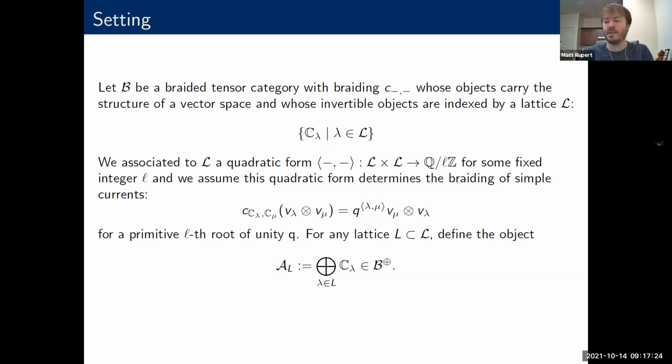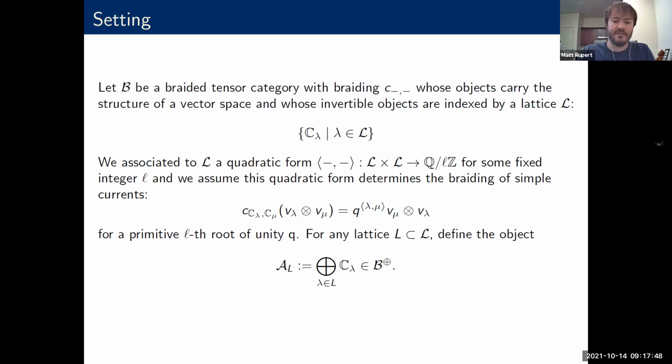And of course, we assume this structure because this is true for the unrolled quantum groups in particular. We don't just want to consider the unrolled quantum groups, we might want to consider, say, the Deligne product of the representation category of unrolled quantum groups with itself or with a category of modules over the Heisenberg VOA.